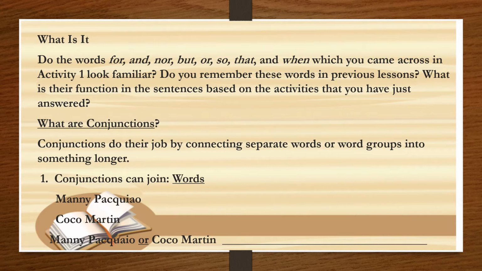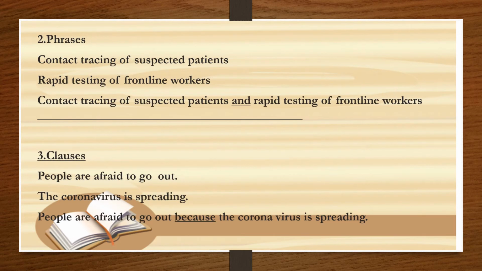Observe the examples below. Conjunctions can join words. Say, for example, we have Manny Pacquiao and Coco Martin. So, Manny Pacquiao or Coco Martin, they are both connected by conjunction or. Next, phrases.